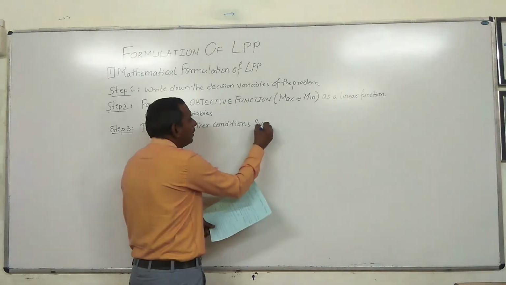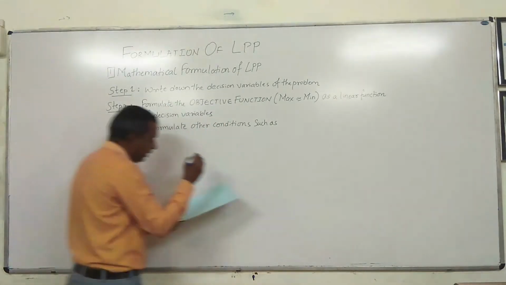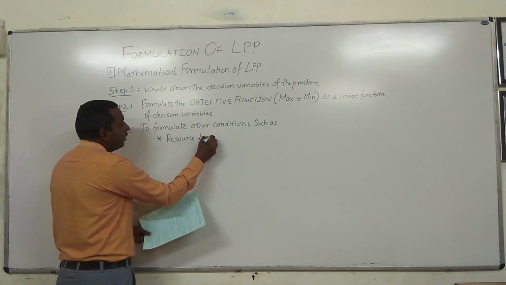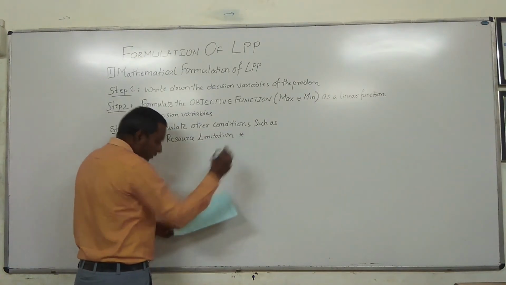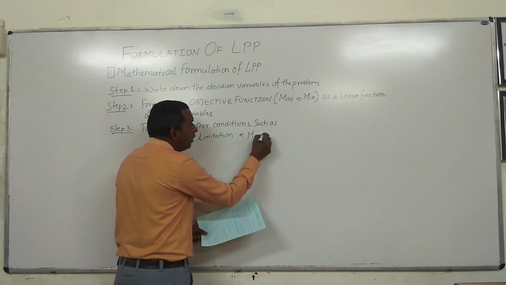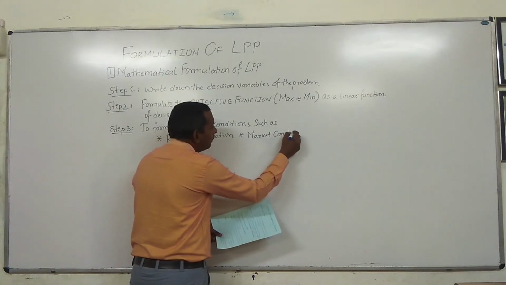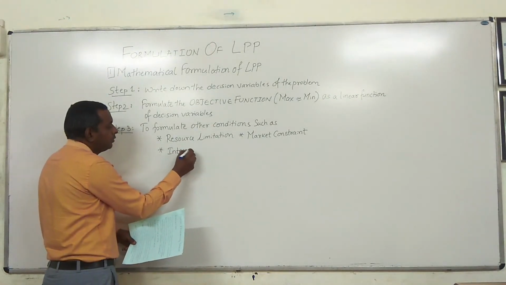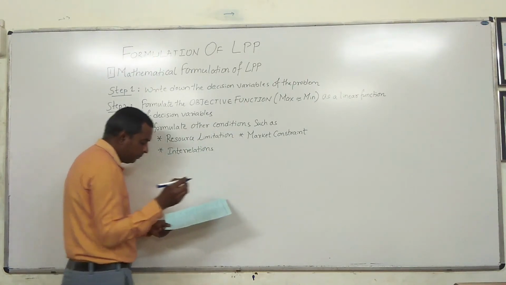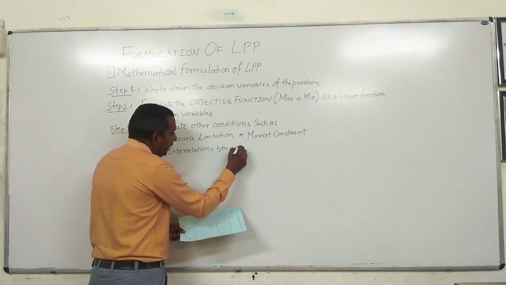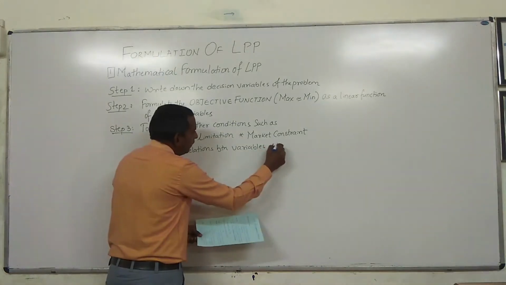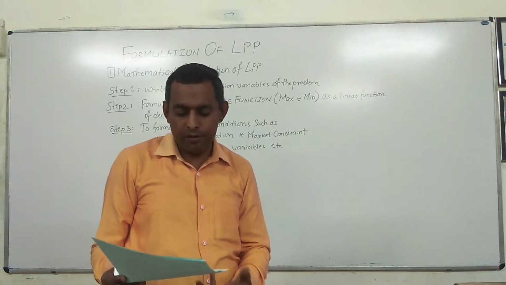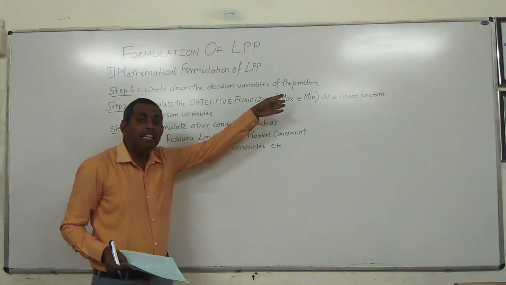Conditions such as resource limitation, then market constraints, then interrelations between variables, etc. These are all called restrictions or constraints with respect to the linear function.